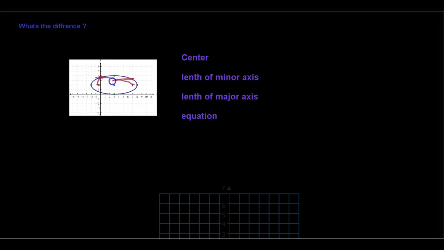So from here to here and here is going to be the same as this one here. These points here and here are going to be the same all the way around the ellipse. And that's how you know it's an ellipse and not some weird formed circle that looks like an ellipse. Okay.